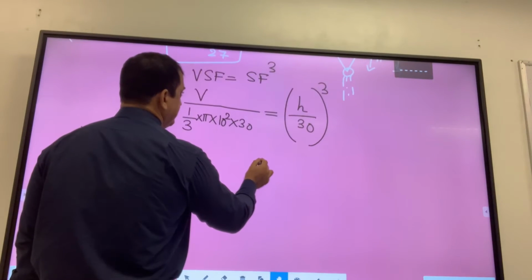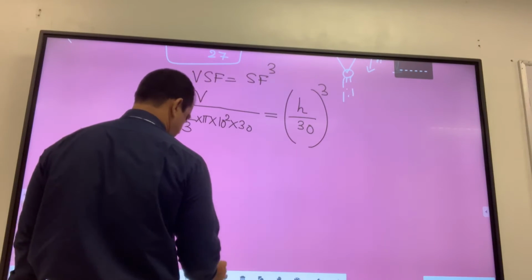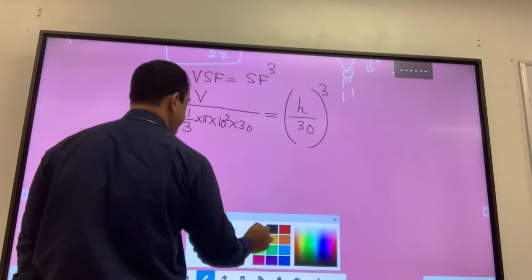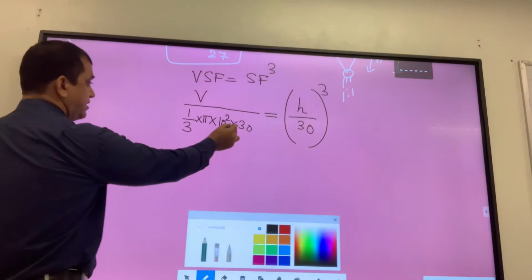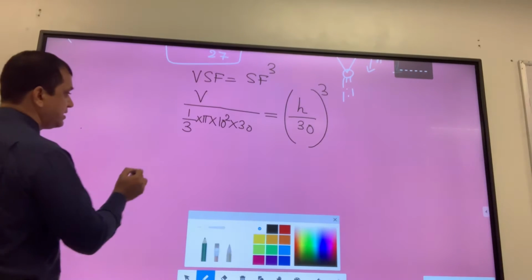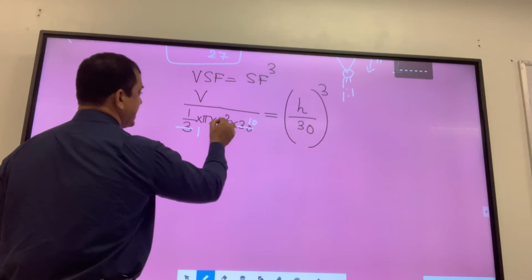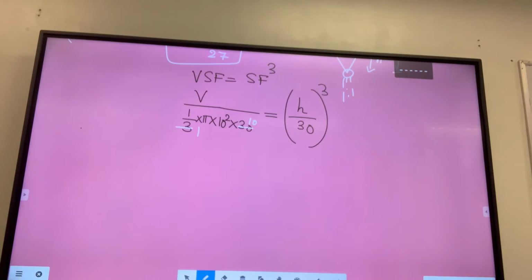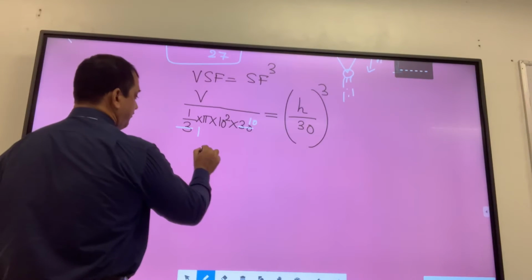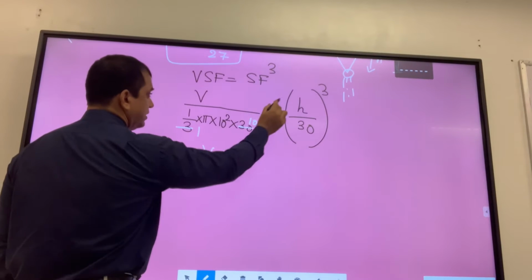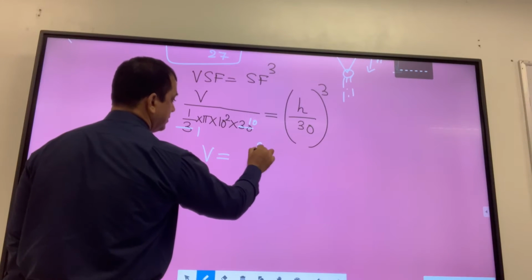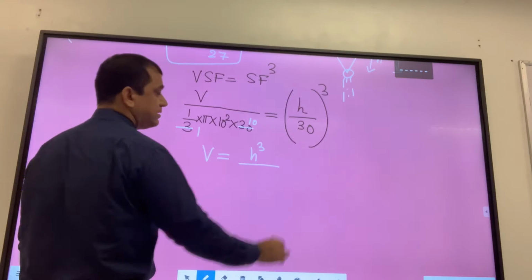After that, nothing, just calculation. Let's do. So this is basically 3000, right? There is a 3 also. I cancel this 3 here. It becomes 10 times 10 squared, right? So volume is equal to h cube divided by 30 cube.